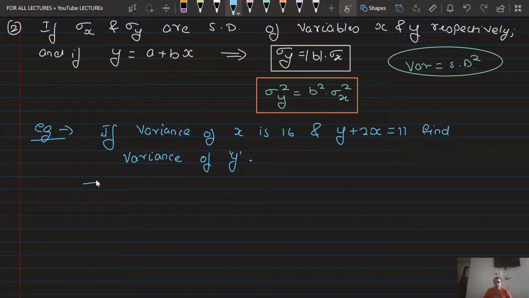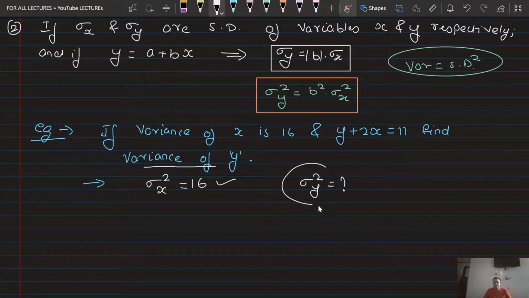So what should I do in such a case? I will just say variance of x, that means you are given the value of sigma square x, which is equal to 16, that is known to us. We need to find the variance of y, that means I have to find the value of sigma square y.